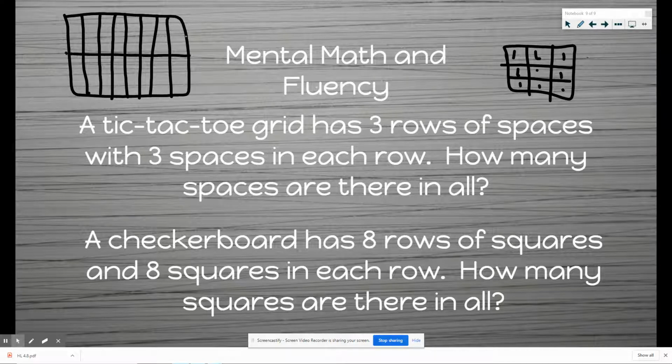So I'm going to draw my rows in. Okay, so I have 8 columns and 8 rows. I could take the time to count. I also know that I'm going to multiply 8 by 8, and that gets 64.